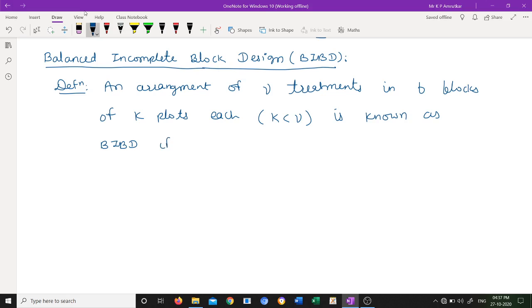if the first condition is each treatment occurs once and only once in each block.